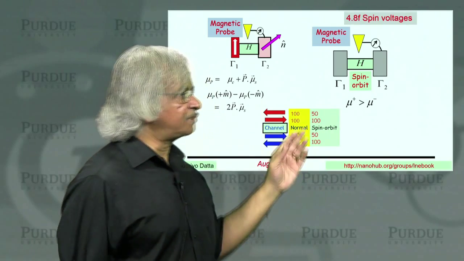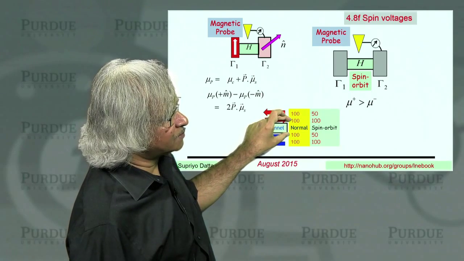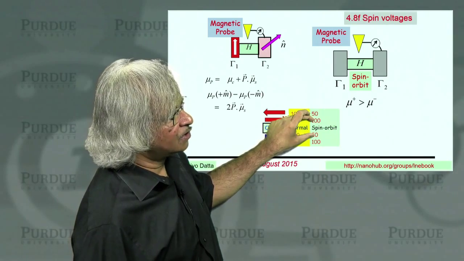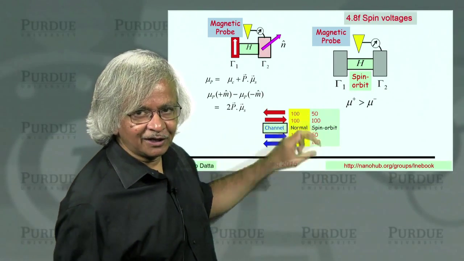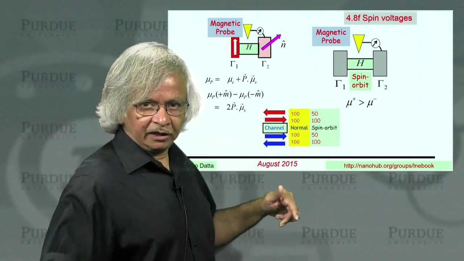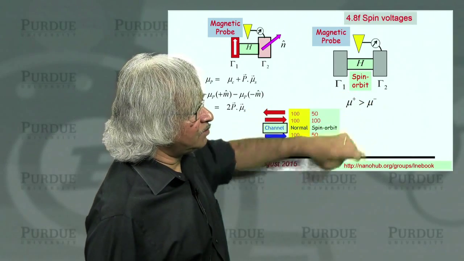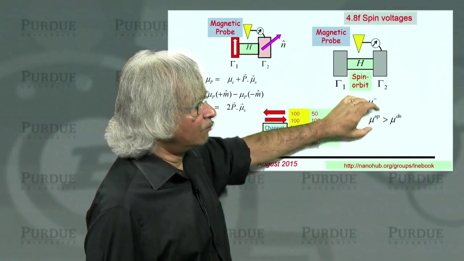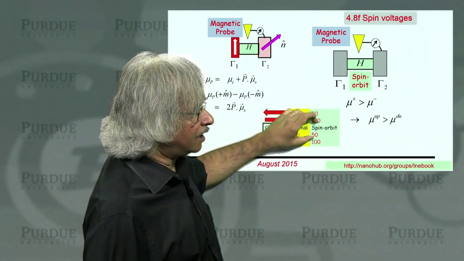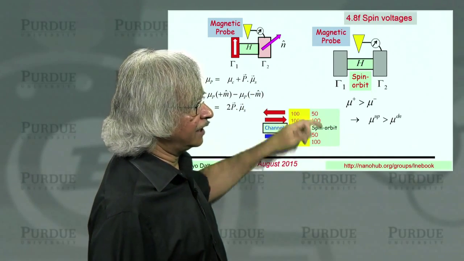And in a material with spin orbit, what happens is if you look at the right moving states, usually you'd expect there would be 100 upspins, 100 downspins. But in spin orbit materials, there's more upspins than downspins because of this spin momentum coupling that we had talked about in a couple of lectures earlier. And so mu plus greater than mu minus translates to having more upspins than downspins because states moving to the right are more up than down, whereas states moving to the left are more down than up.